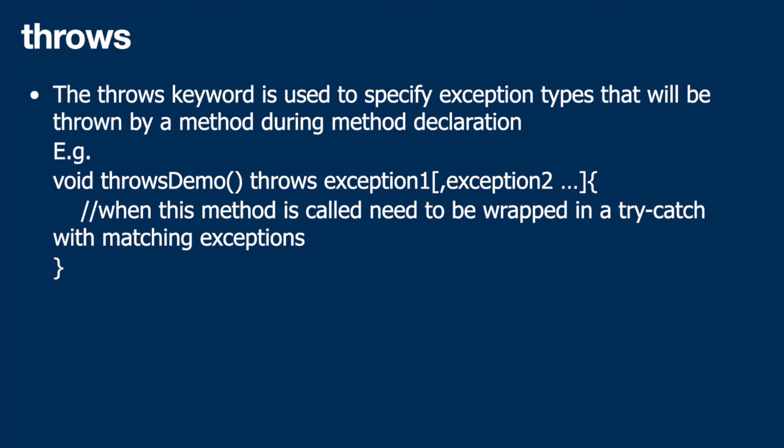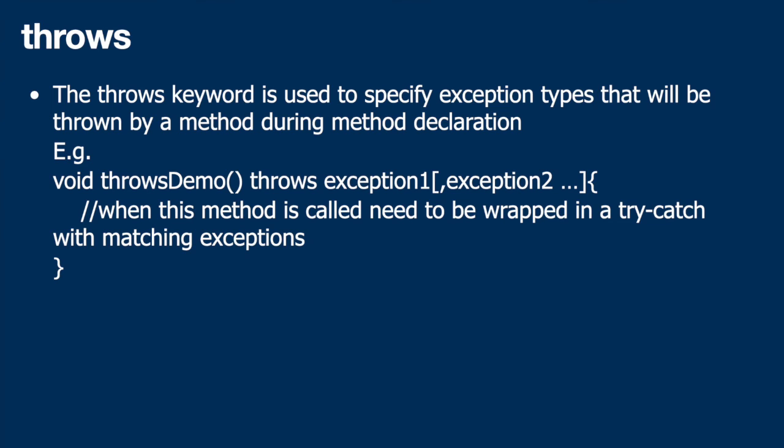And generally we define it like this. We say throws, demo a method, and then it throws exception 1 and exception 2 and so on. So we can have multiple exceptions thrown by a method, and if we have multiple exceptions, they have to be separated by a comma. So we can use one exception or multiple exceptions.